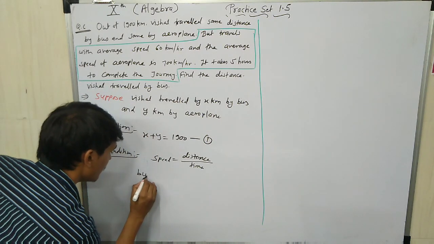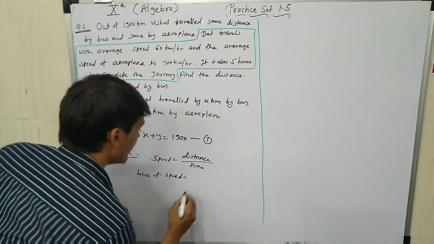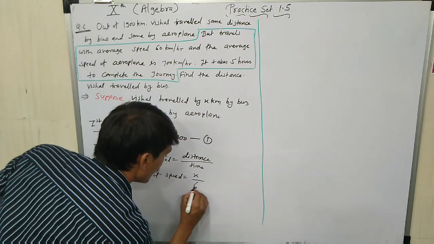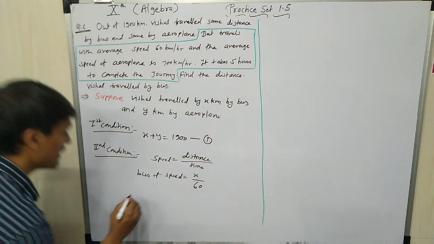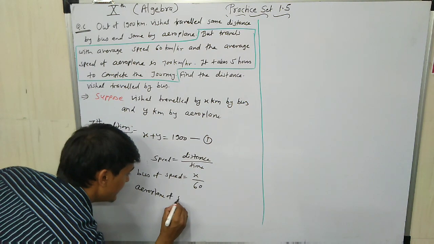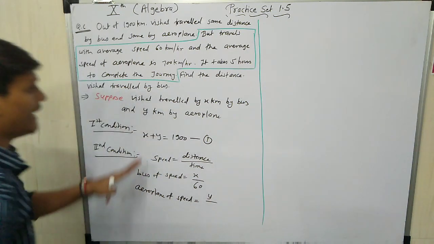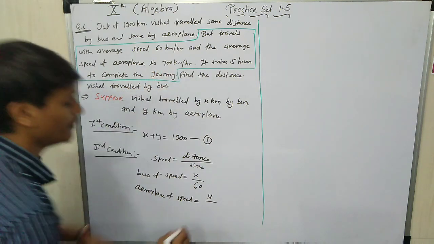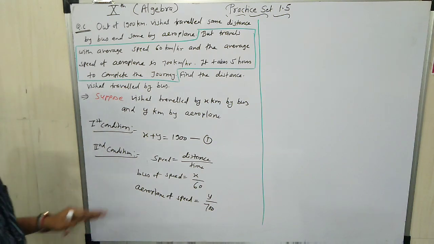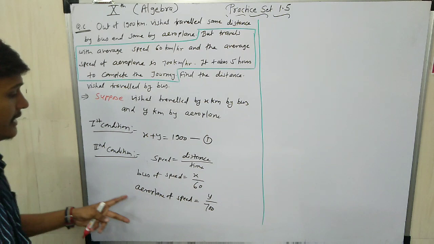Now bus speed is equal to distance x km and time is what? 60 km per hour. Now aeroplane speed is equal to, distance is y and there is 700 km per hour. Understood?